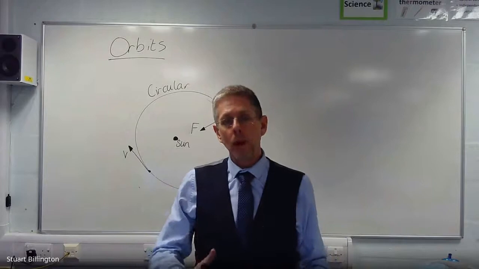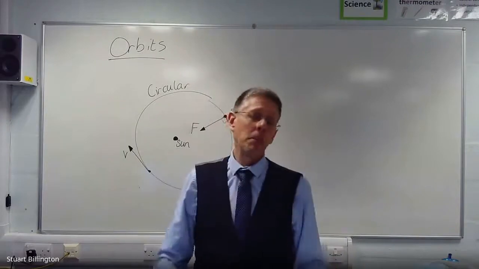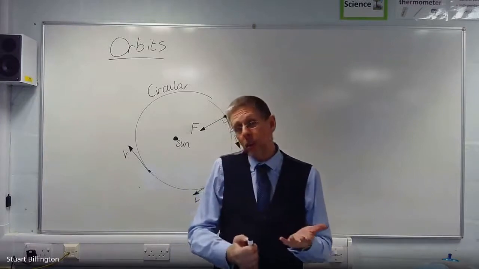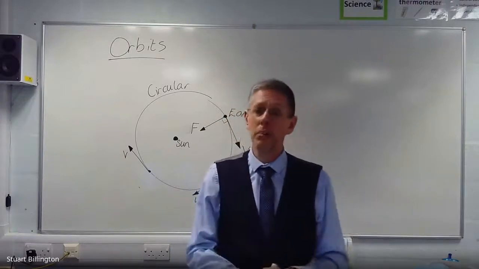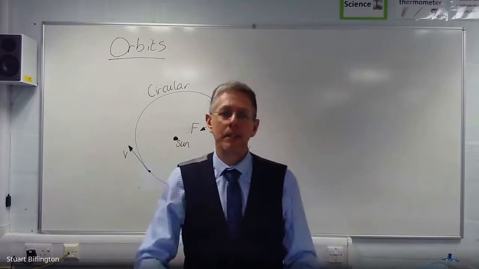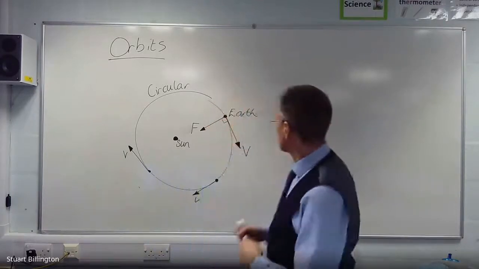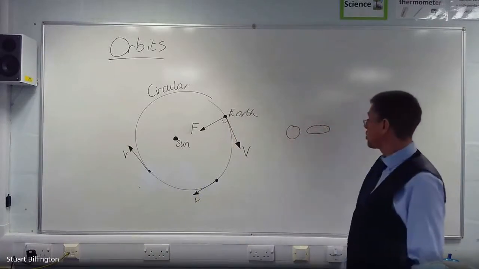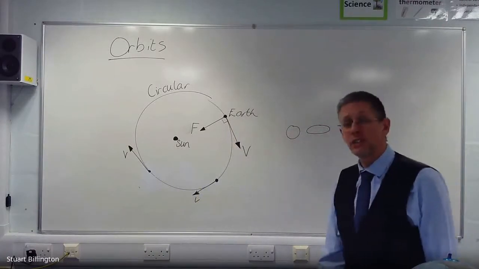The name of the slightly not circular shape is an ellipse. So you might have heard of an ellipse. You might have known that the planets travel in elliptical orbits. But honestly, it's less than 1% away from a circle. So, you know, there's the circular orbit. There's a really extreme ellipse, a squashed circle.